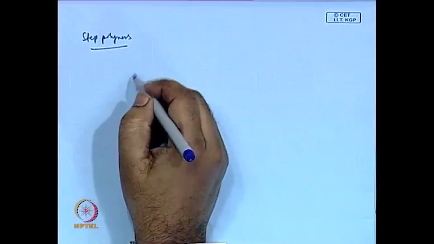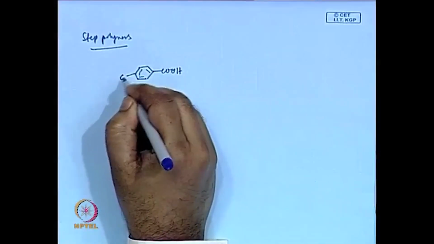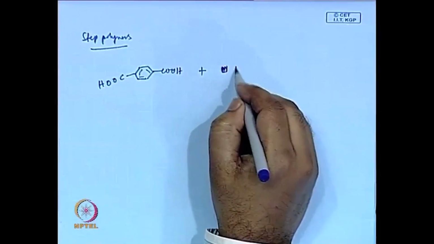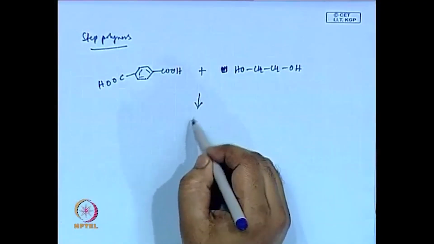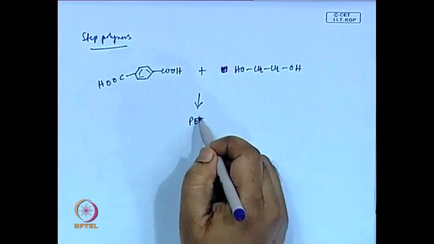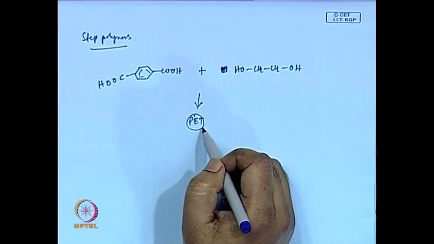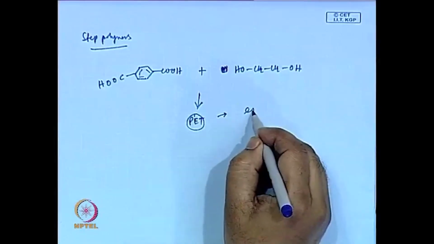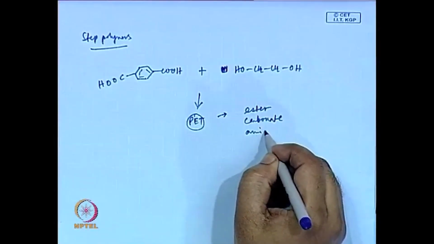If it is formed from two monomers, like terephthalic acid plus ethylene glycol, you get polyethylene terephthalate. In this case, you identify in the polymer structure which class it belongs to. For example, whether it belongs to an ester class, or a carbonate, or an amide, or urethane.